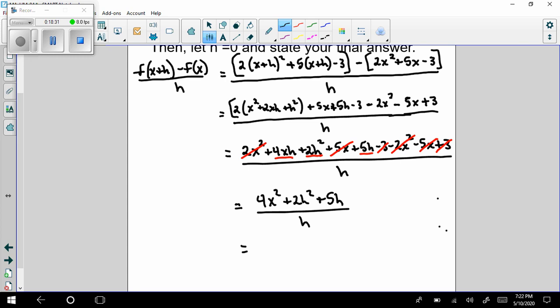where did I get 4x squared from? Holy cow. If I stop the video, I have to start the whole thing over again, so I don't really want to do that. So I have h times 4x plus 2h plus 5.